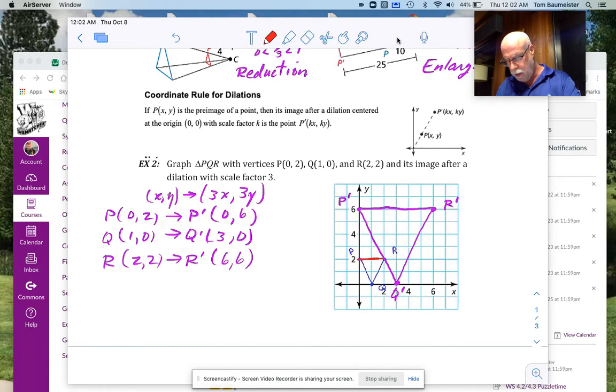On this one here, if you count it, there's 1, 2, 3, 4, 5, 6. So we did enlarge it again by scale factor of 3, just that side. So you can see the other two you would have to do using the Pythagorean theorem. They're just kind of showing you that they would be the same.